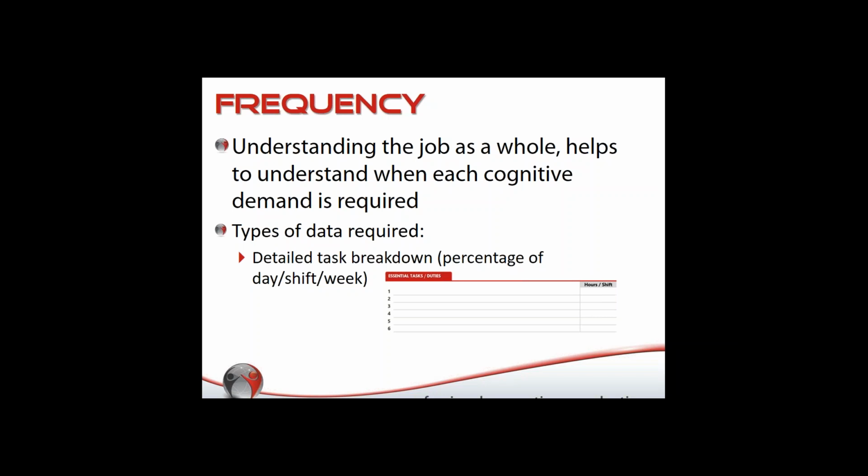So the way I need to do this is to break it down into essential tasks. I look at the top 6, 8, 10, 12, whatever is relevant to my job, all the different task elements, and I break it down based on what percentage of their day or their shift or even their week or their month is relevant to the task.